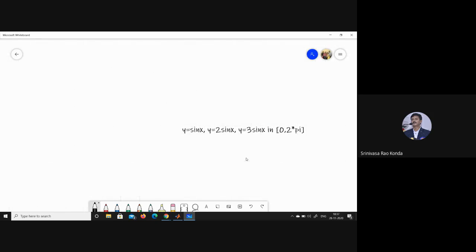I want to plot 3 curves in a single window, a single figure window. How to do this? This is called an overlay plot.